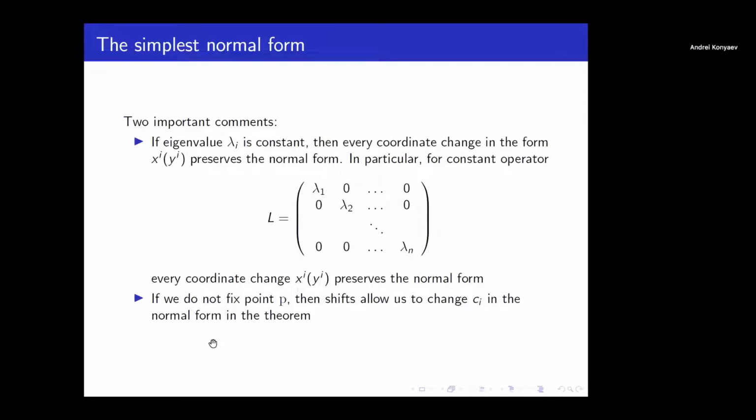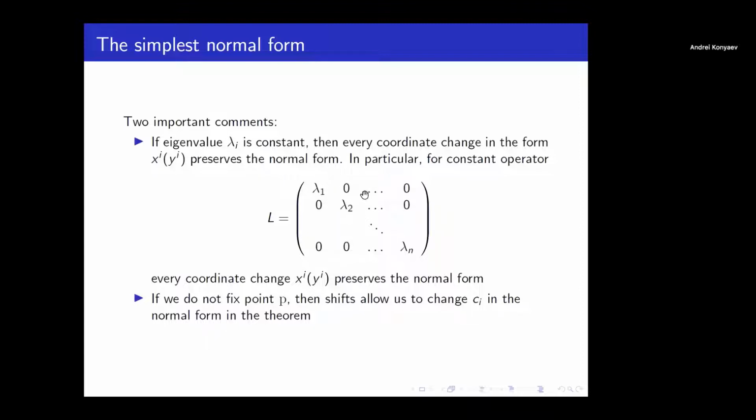Now, two important comments in the end. We will get to the constant form later because it has a different value for us, and the constant form is important. But for now, we need to keep in mind that the difference between constant eigenvalues and non-constant eigenvalues is crucial.